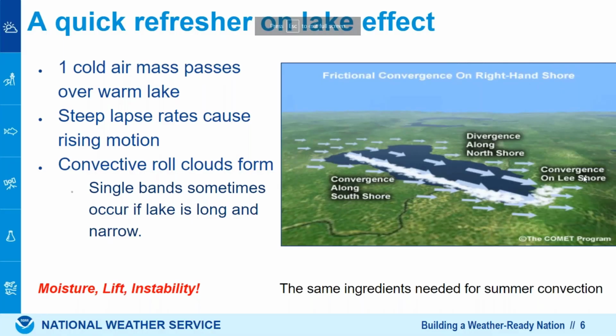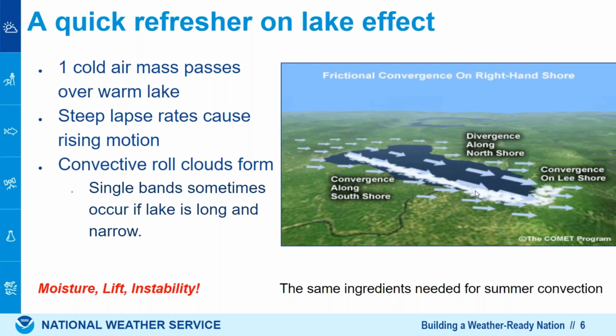From that absolutely unstable environment, you are going to get convective roll clouds forming along the direction of the wind flow. Because of Lake Erie and Lake Ontario in particular, the wind often is along the long axis of the lake, and those multiple roll clouds will tend to converge into a single lake band.